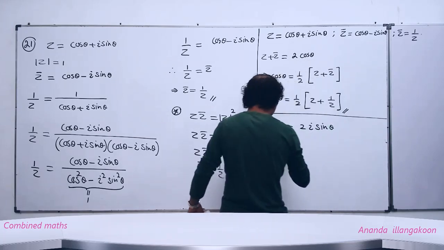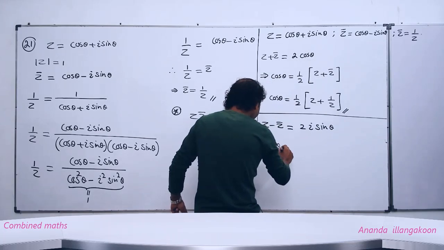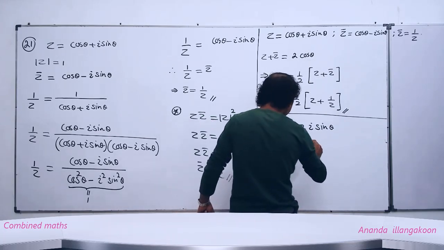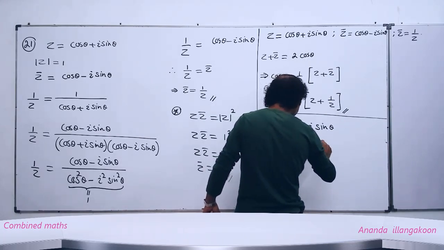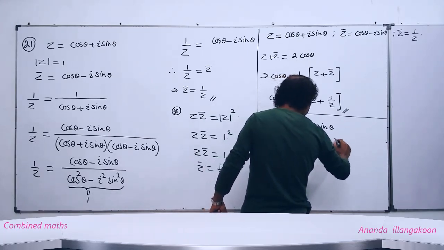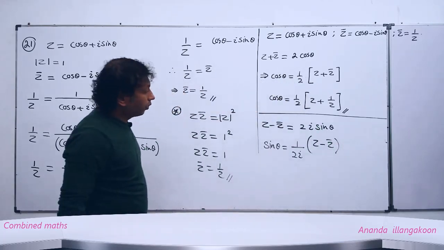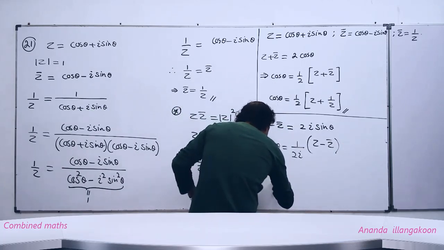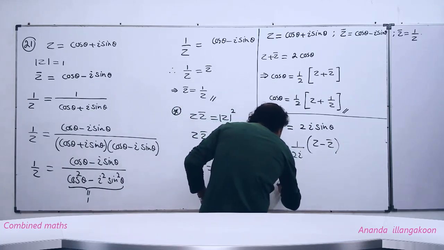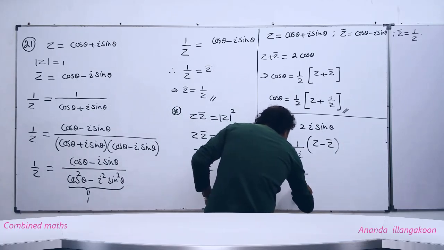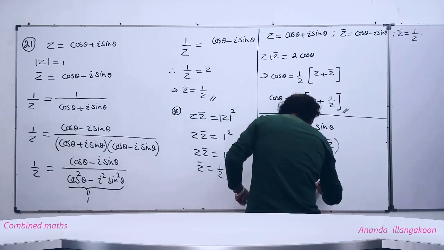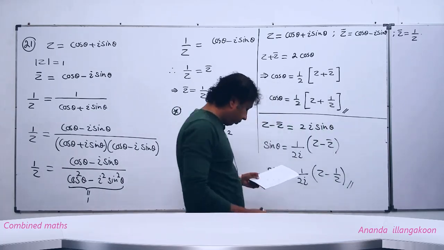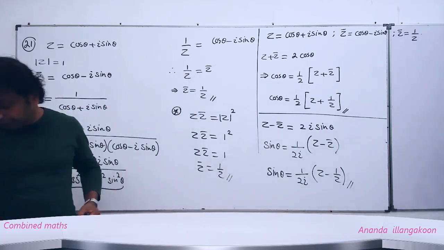Making sin theta the subject, sin theta is 1 upon 2i times z minus z bar. Z bar is 1 over z, so sin theta is 1 upon 2i times z minus 1 upon z. That answer we got.